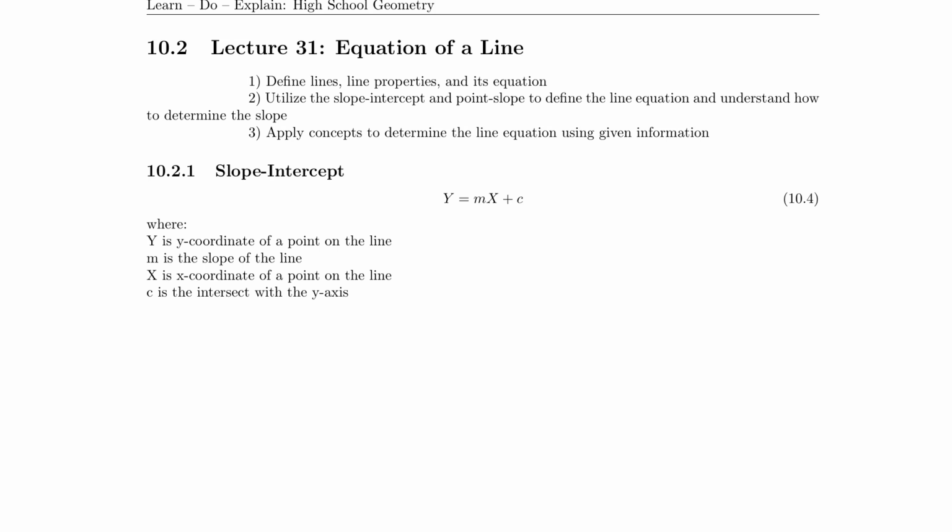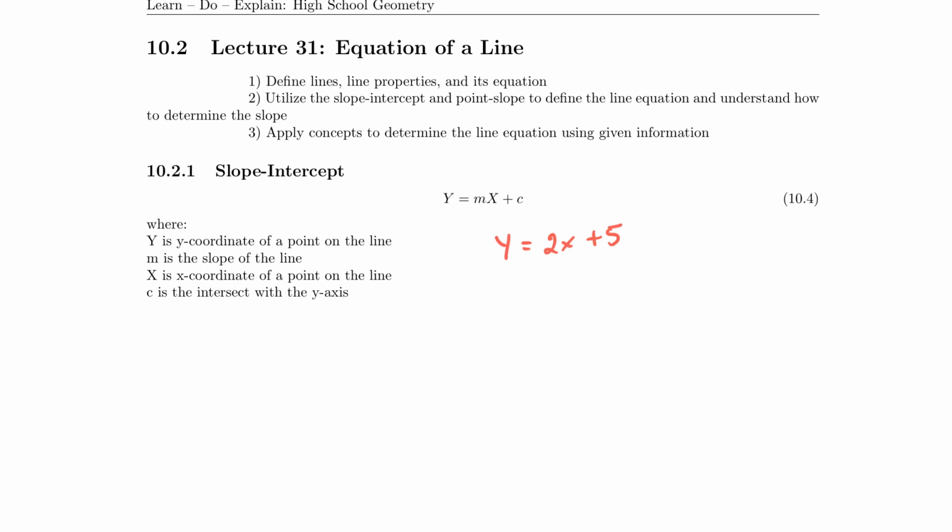Okay, so some examples of the line equation could look like this. Y is equal to 2x plus 5. In this case, y is the y coordinate of any point in the line, and x is the x coordinate of any point in the line, which line has 2 as a slope and intersects the y axis at positive 5.